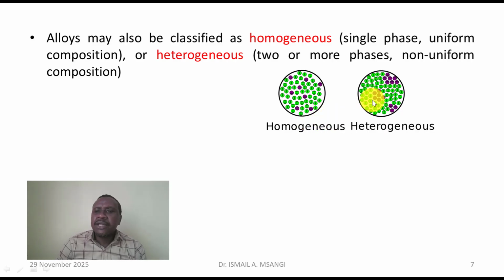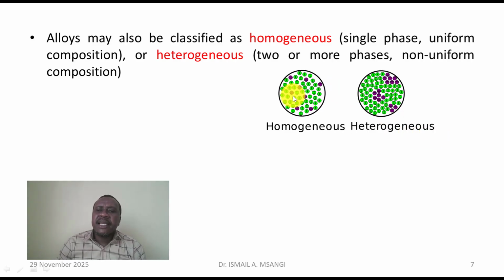But when a material has components which are not evenly distributed, where some parts of the material will have more concentration of a certain component and the other parts of the material will have more concentration of the other components, that will be referred to as multiple phases, where the alloy will be regarded as a heterogeneous alloy.